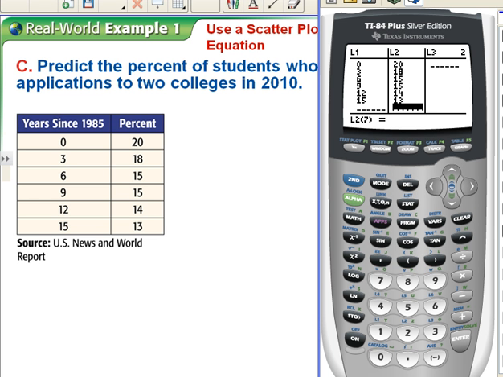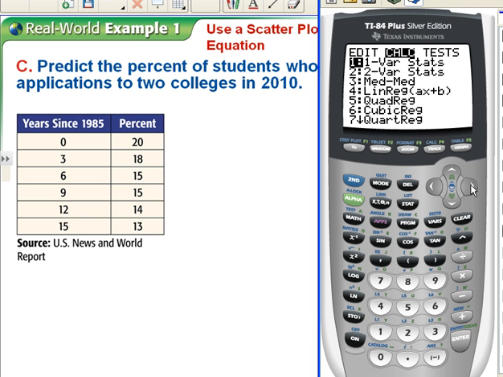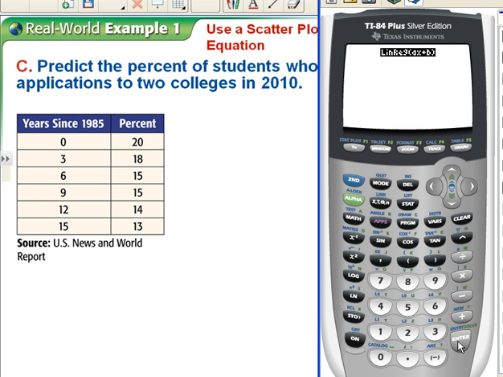To use the calculator to figure out what is the best line to go through this information, you'll press your Stat key over to Calculate, and then Linear Regression, number 4. All right, your newer calculators will look like this. And all you need to do is go down to Calculate.